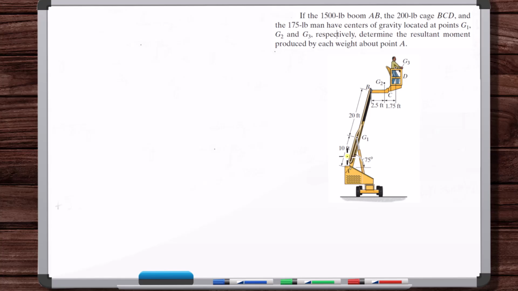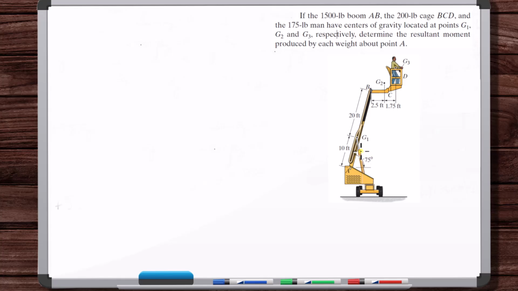That could be of interest to us, right? We could calculate the moment of the weight of the boom about this point. But you can see how it might be of interest to us to find the tendency of all of this to cause rotation about point A. Okay, so let's find these moments.